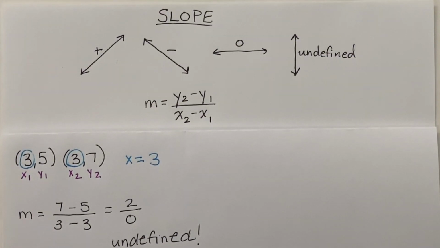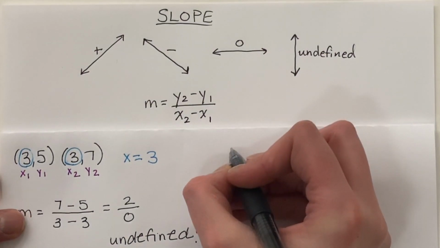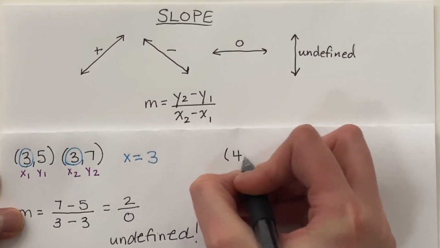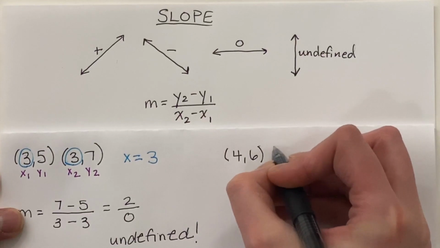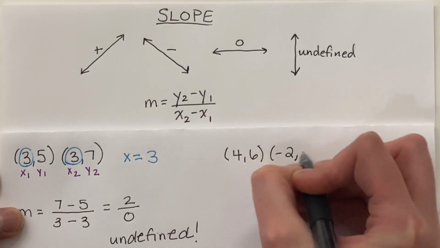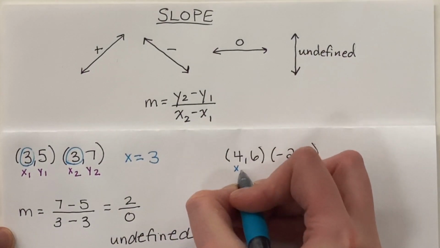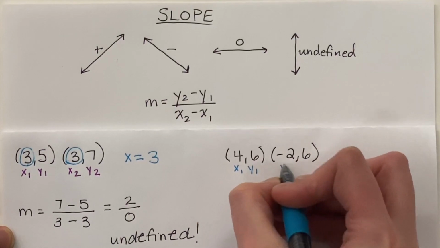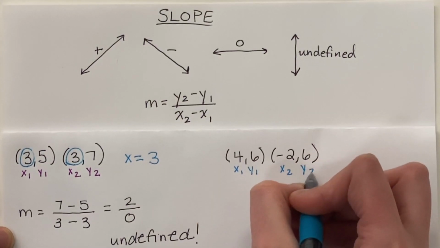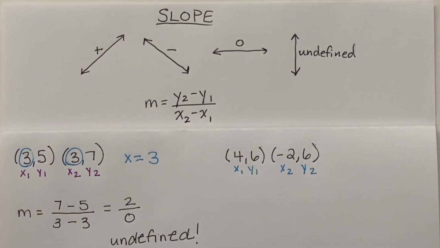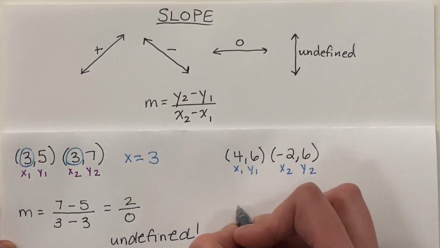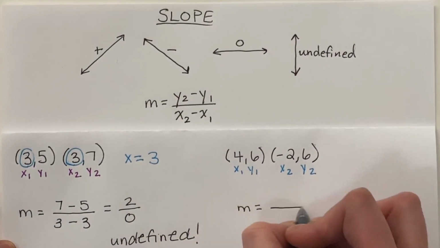Another example of a special case would be with a point of 4, 6 and -2, 6. So same thing. Let's start by labeling our points. x1, y1, x2, y2. Let's put our skeleton of our slope formula. M equals the line.